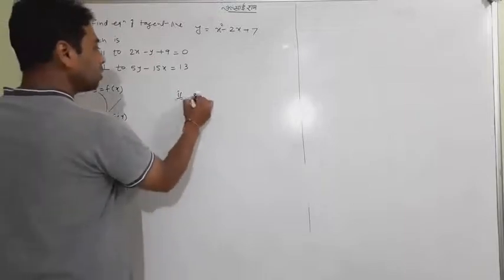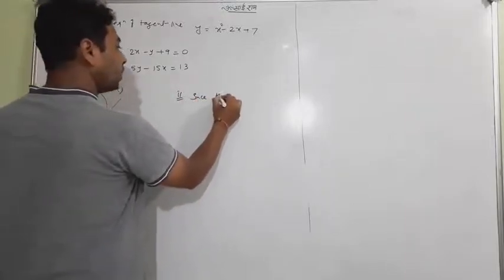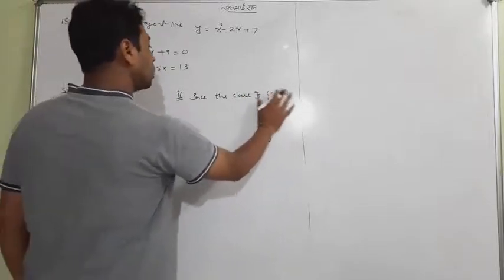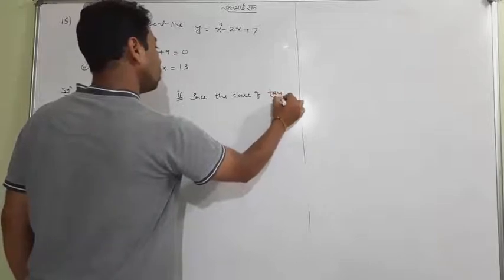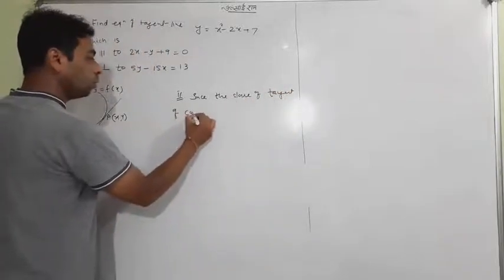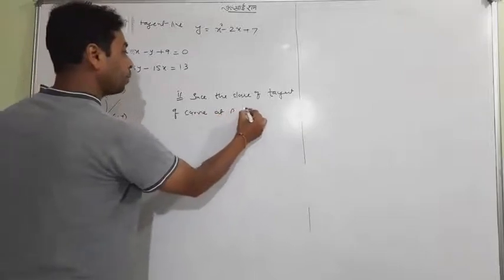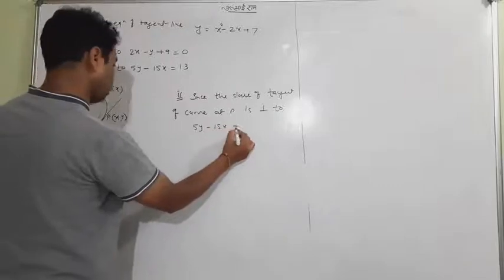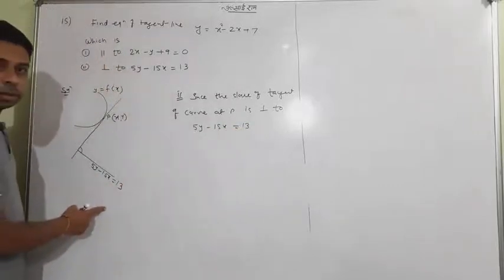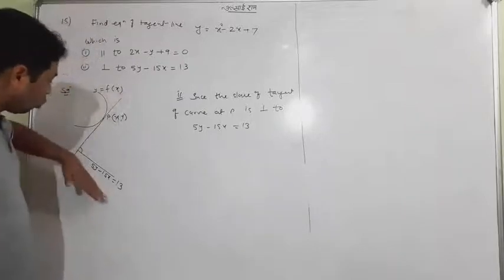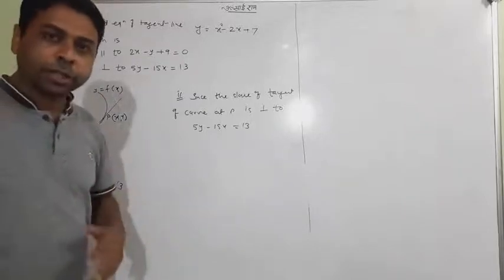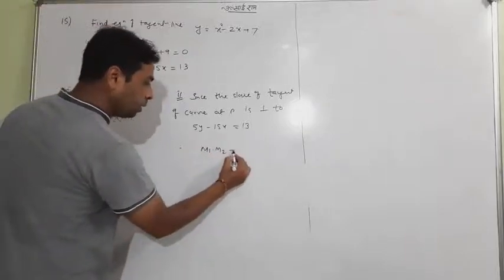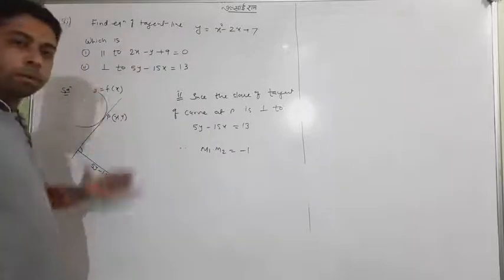Look, I tell you, since the slope of the tangent of the curve at P is perpendicular to the line, one should understand that the slope of this and the slope of this have a multiplication of minus 1. So m1 into m2 is equal to minus 1 because these two are perpendicular.